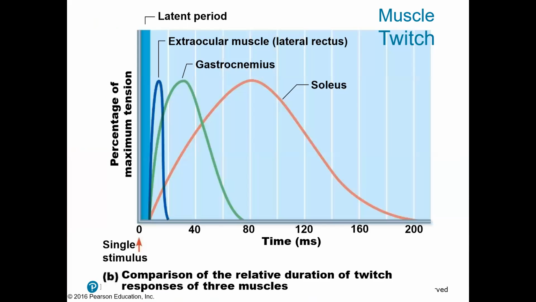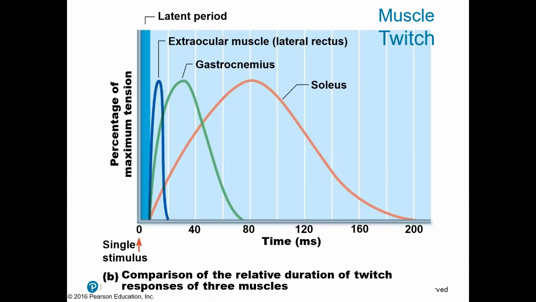So we can see this, compare in the blue graph on here. We have our latent period from 0 to 5 for all three of these. The eye muscle contracts rapidly and relaxes quickly because our eyeballs are always moving around.